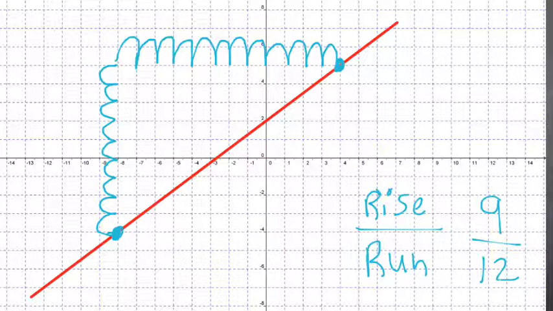Guess what? 9 over 12, yes, that is your slope. But if we go back to the first couple weeks, we did develop our skills of simplifying fractions, right? And plus, you do have a calculator that has a nice little fancy fraction button that all you got to do is put it there, push enter, and then it simplifies it for you. But can somebody tell me what 9 over 12 simplifies down to be?